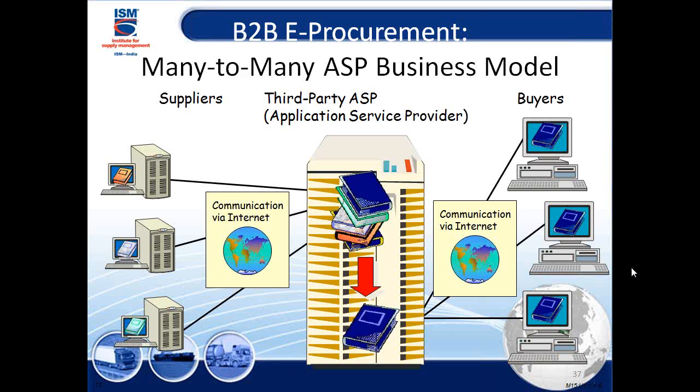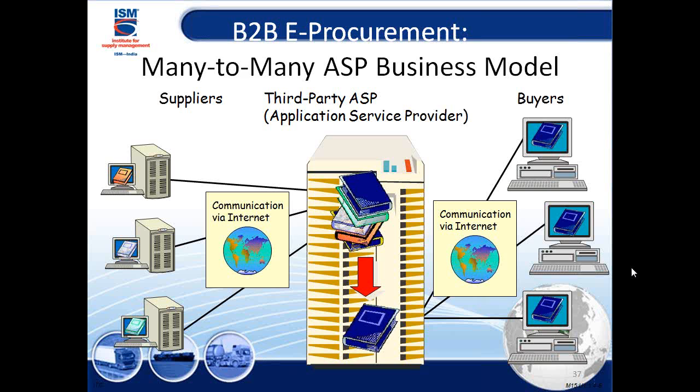Now, another thing which has come up around is ASP. Very popular concept. Third party application service provider. Traditionally, we have been thinking, okay, I want to go for e-procurement, but it's going to cost me $15 million or $10 million, and it's too costly for me. Now people say, guys, no. I will not build my own infrastructure. I will have some third party who provides me the application service provider.